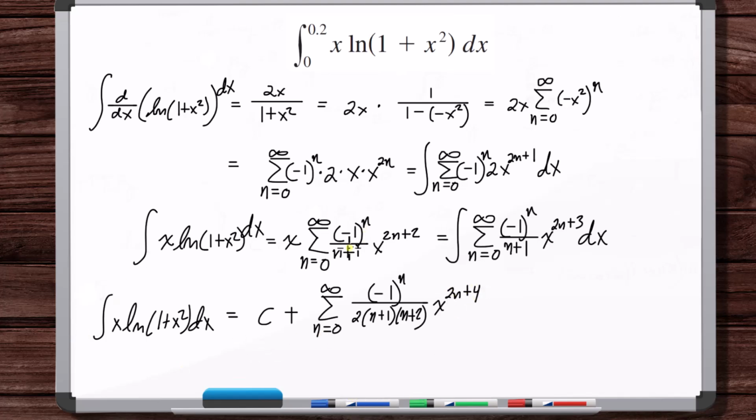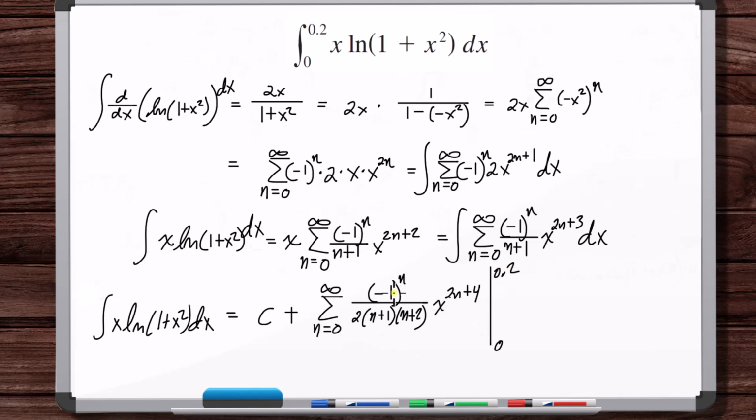Okay? We're doing the definite integral, but we didn't even have to find the c, because for the definite integral the c doesn't matter. So we could just ignore the c. So all we're thinking about is evaluating this from 0 to 0.2.